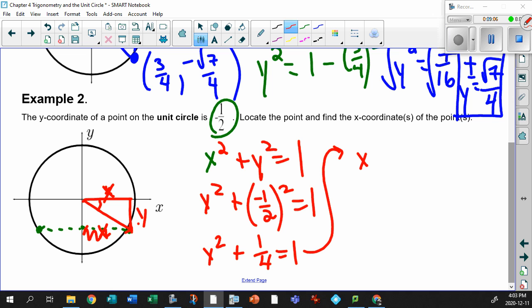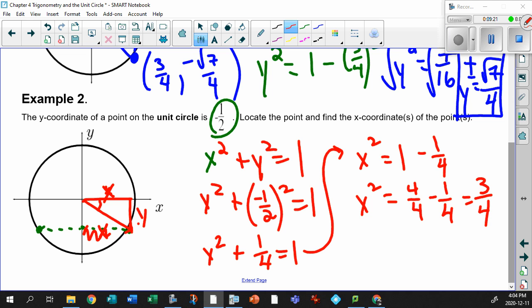You know that x squared, you're going to subtract the quarter. 1 minus 1/4, of course, is 4/4 minus 1/4, which gives you 3/4. Square root, you're going to have x equals plus or minus the square root of 3 over 2. That's how it works.